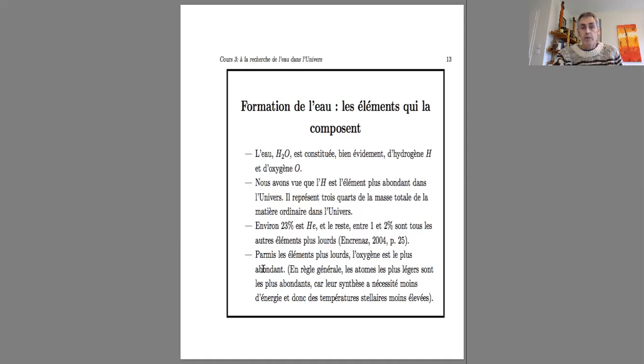Among these heavier elements, oxygen is the most abundant. As a rule of thumb, the lighter the element, the more abundant it is, or the heavier an element is, the less abundant it is, because the lighter ones take less energy to produce by nuclear fusion.